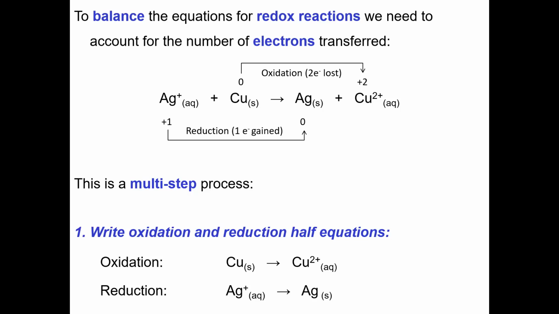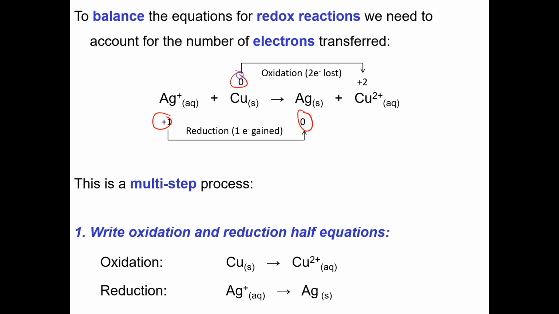So to balance redox reactions, we need to account for the fact that the electrons are being transferred among the reactants. If we assign oxidation numbers here, we get a better picture of what's going on. The silver ion has an oxidation number of +1, whereas elemental silver will have an oxidation number of 0.